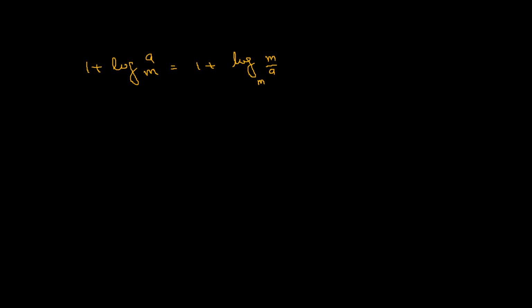Oh sorry, here there is no log, so let me erase it to make it simple: that is 1 plus m over a. Now the 1 will cancel out on both sides, and we get log of a with base m equals m over a.